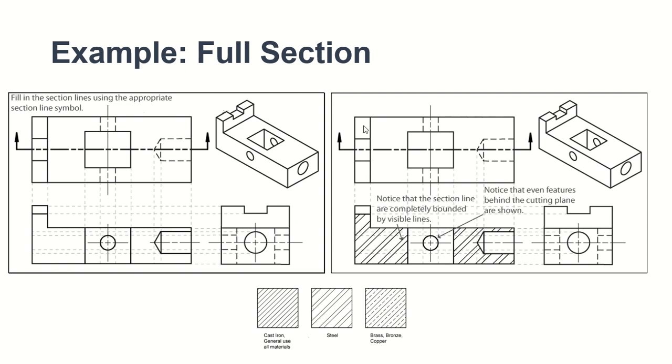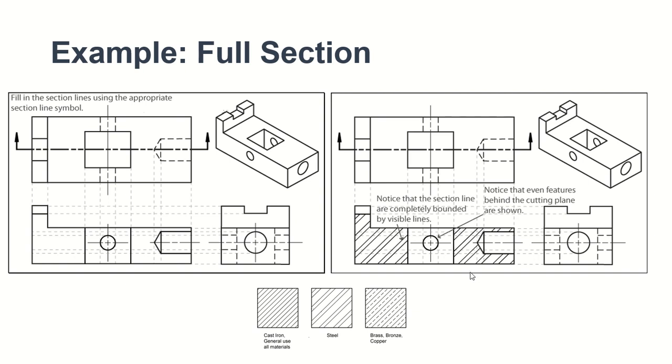Interior surface that we cut right here. So just pay attention to that, and don't confuse. A lot of students confuse between the front view and the section view. So be very careful not to put the hidden lines, because we're inside now, no outside, no exterior.